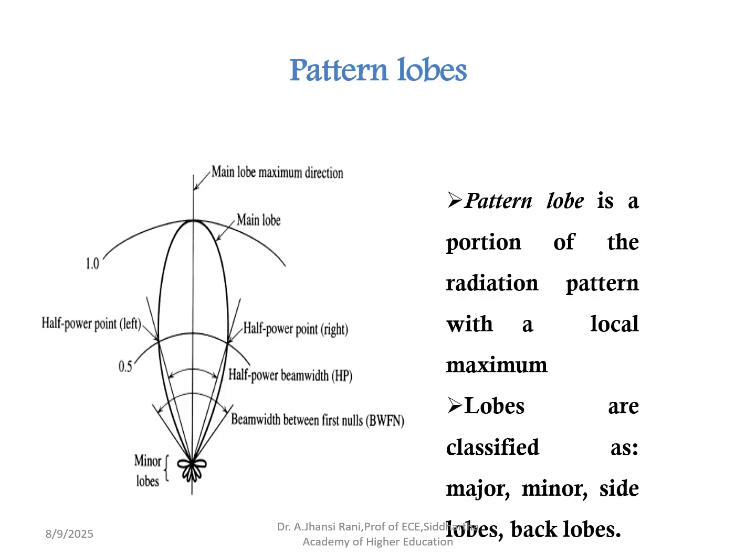See, this is the major lobe. It contains the direction of maximum radiation. In some antennas there may exist more than one lobe. These are the minor lobes, the lobes other than the major lobe. Side lobes are the radiation lobes other than the intended lobe. These are called the side lobes, which are adjacent to the major lobe.